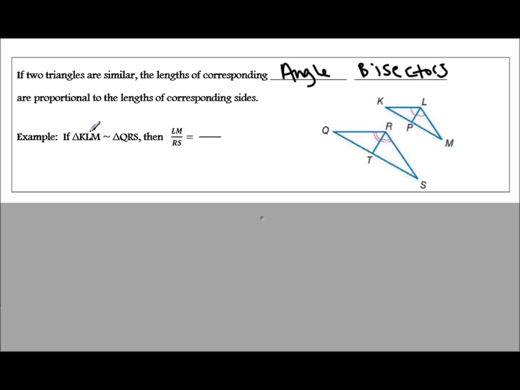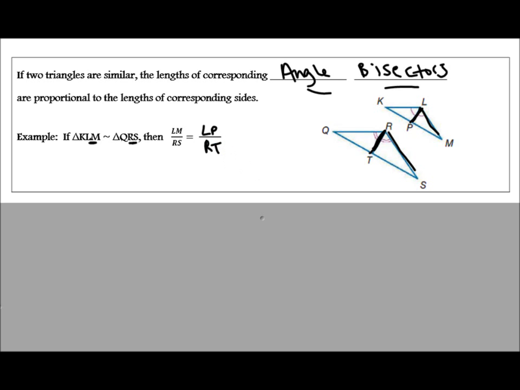So if these two triangles are similar, which it tells us they are, then LM, that's just one side of the triangle, over its corresponding side RS, and we know that they correspond because LM is the last two letters, and so is RS. Those sides are proportional to the angle bisectors. So we used LM first in the little triangle. The angle bisector of that triangle is LP, and the angle bisector of the second triangle is RT.